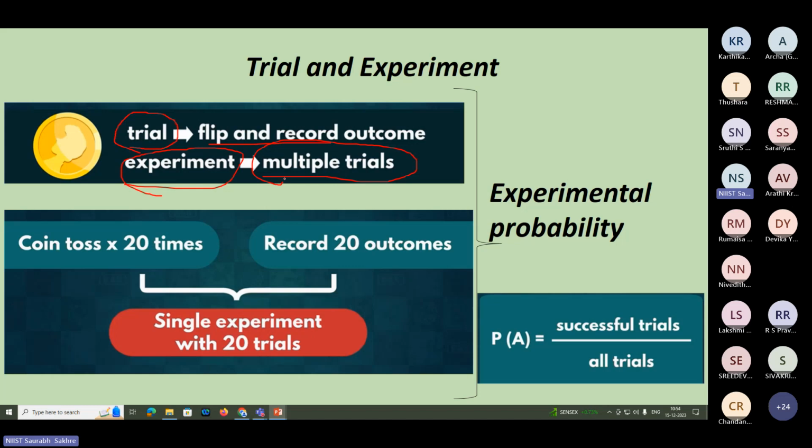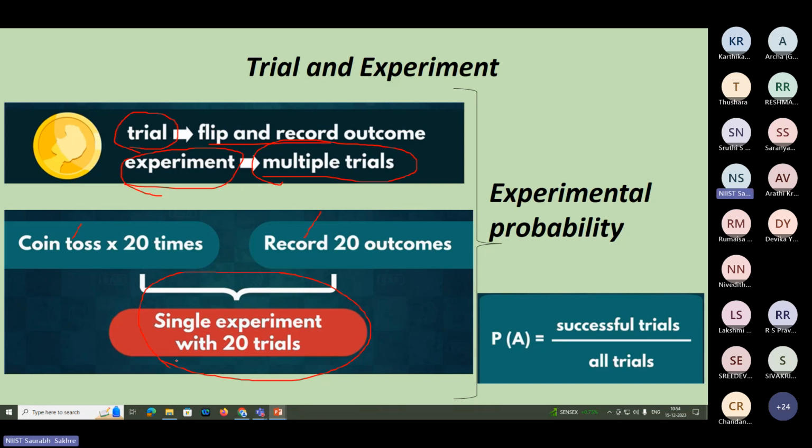How will I explain this? Suppose you have tossed a coin 20 times and you have recorded 20 outcomes. So you will say that it is a single experiment with 20 trials. You have done the coin toss 20 times and recorded the outcomes separately.